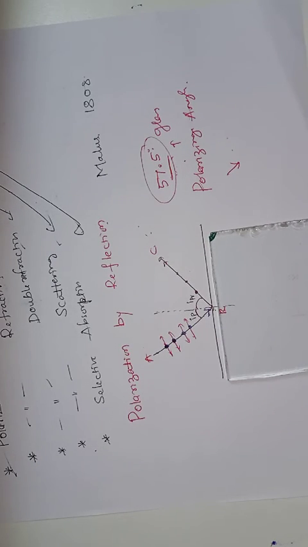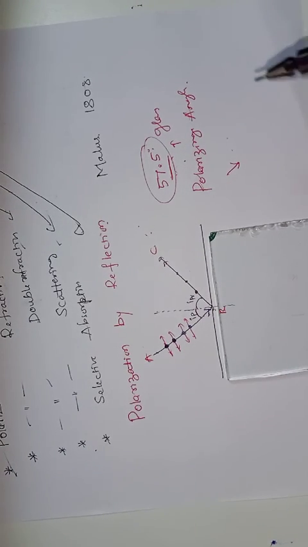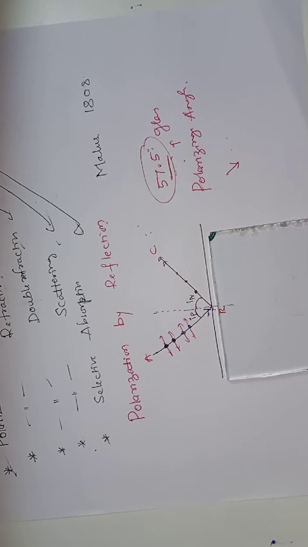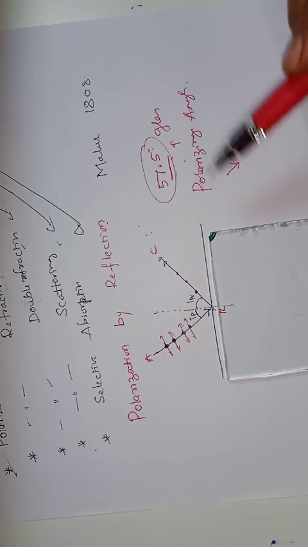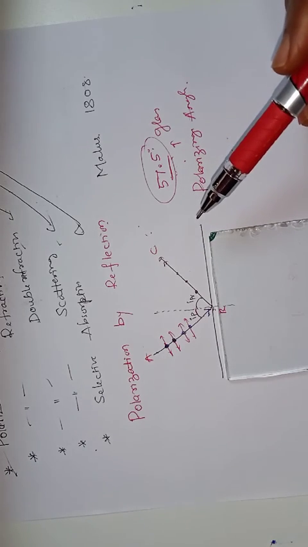They may ask this as a 2 marks question: the production of polarized light by glass is explained like this. The vibrations of the incident light can be resolved into 2 components, parallel to the glass surface and perpendicular to the glass surface.